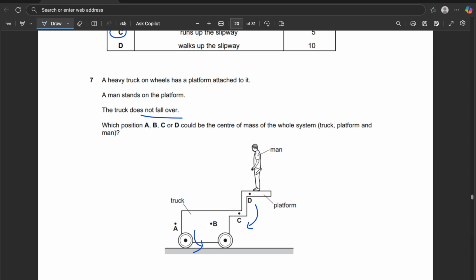The man is not that heavy, and A is just out of the truck, so it's either B or C, and C is kind of close, and it's a small region right here, so the more sensible answer would be B.